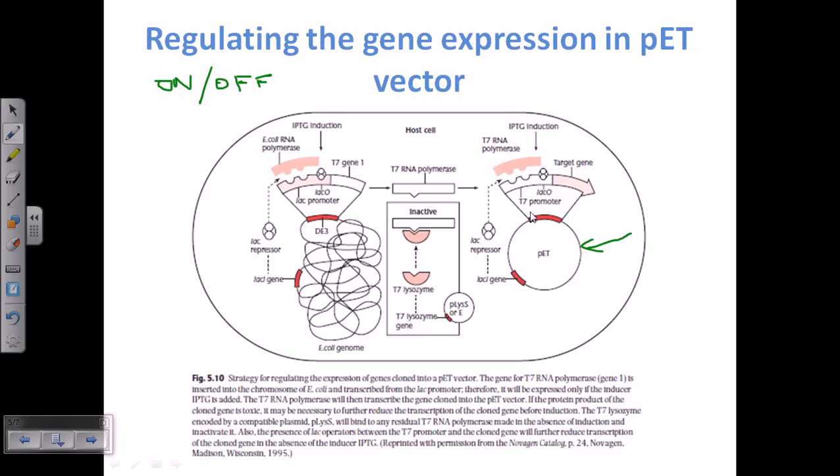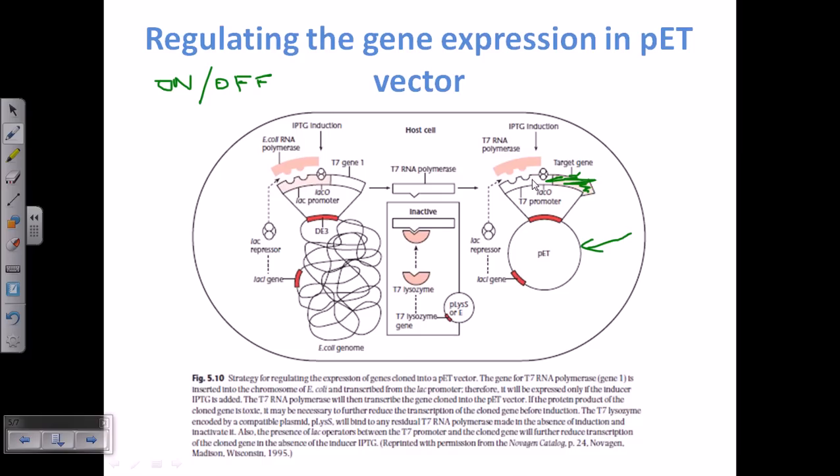What we need to know is that the operon has a promoter region: the promoter for the lac gene and also the operator for the lac gene. Right after that, we have our target gene, or gene of interest, which I shaded in green.